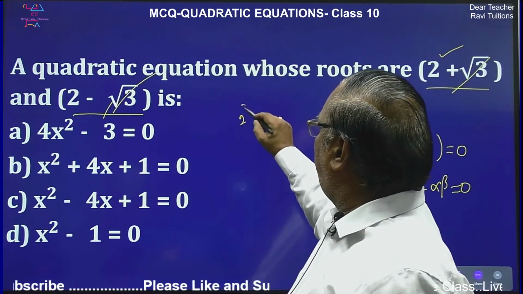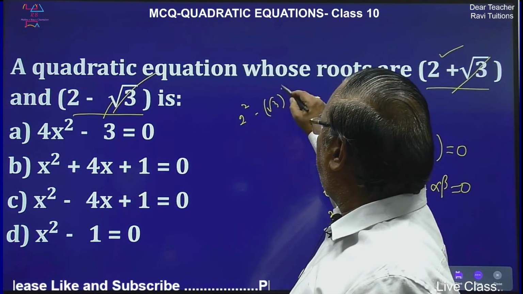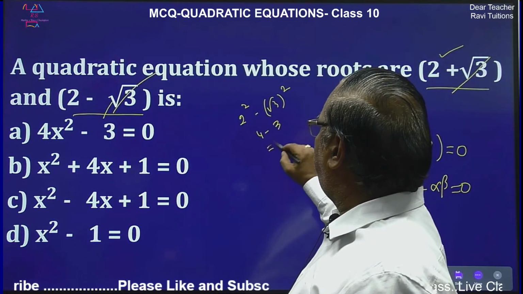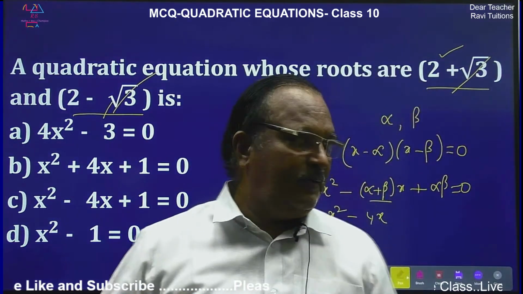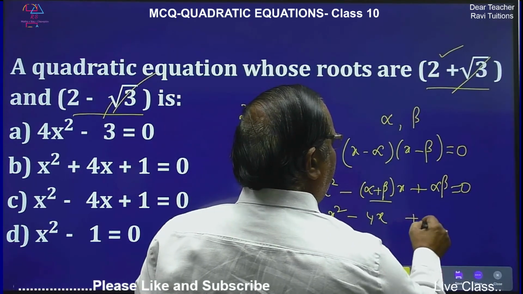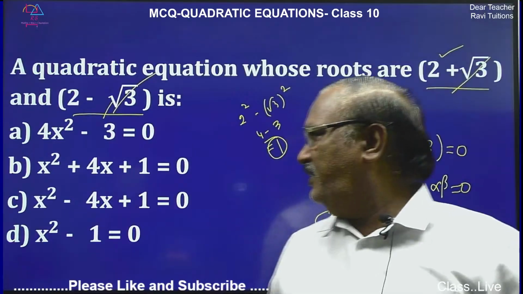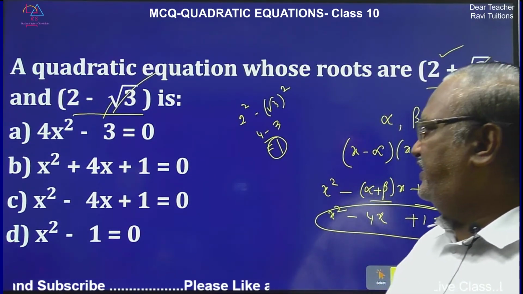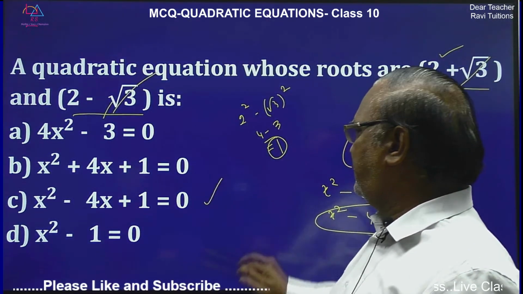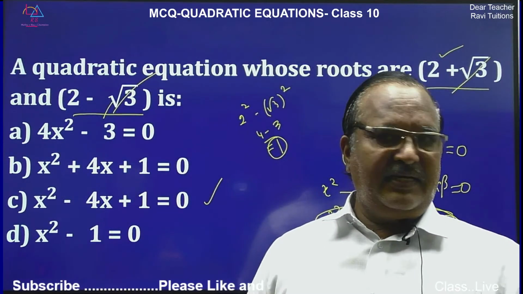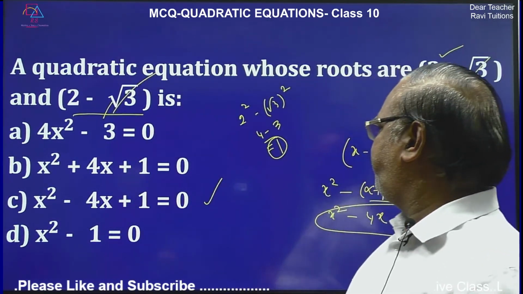That means 2 square minus root 3 whole square, 4 minus 3, which is equal to 1. So in the place of alpha beta, you put 1. So this is the answer, x square minus 4x plus 1 is equal to 0. So this will be the answer, x square minus 4x plus 1.